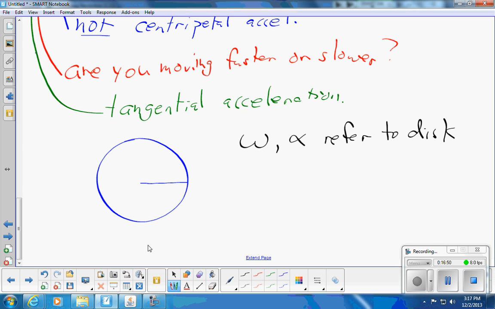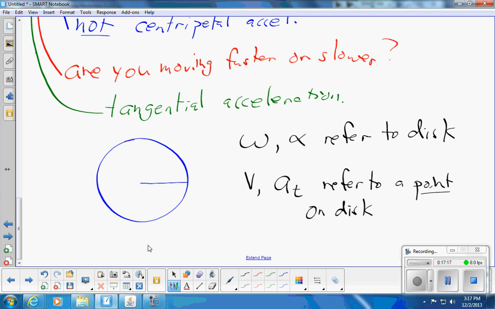When we refer to v and tangential acceleration, and even centripetal, we'll be getting to in a second, these refer to a point on the disk.